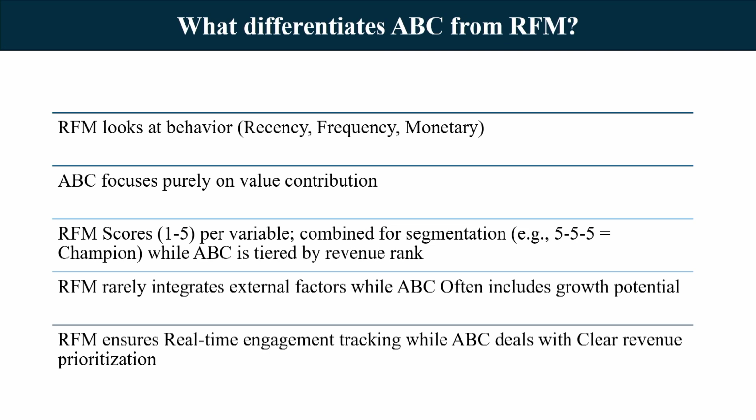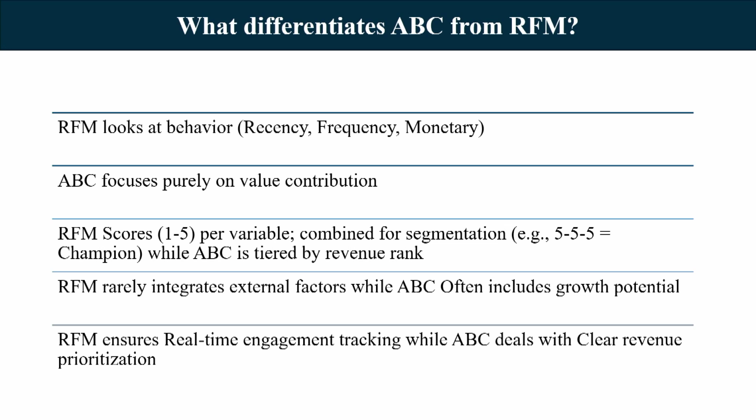Though ABC can be complemented with RFM, they have many differences in terms of business visualization. As I said, RFM analyzes recency, how recent the purchase has happened, then frequency, how often the purchase keeps happening, and the monetary value. In the case of the RFM matrix, we used to assign a score between 1 to 5.